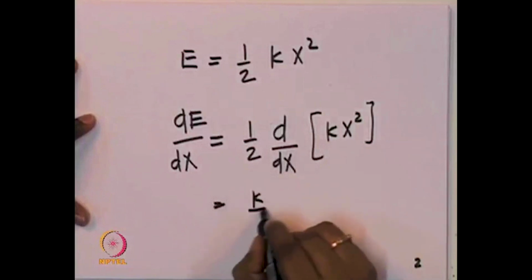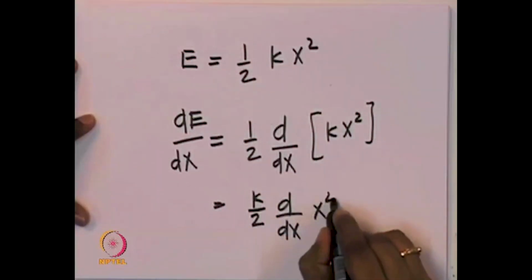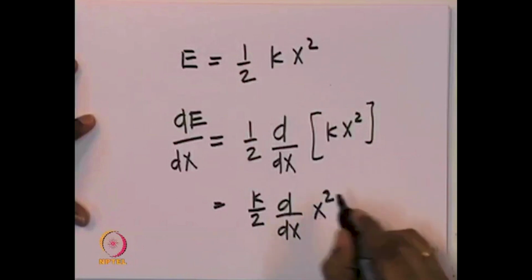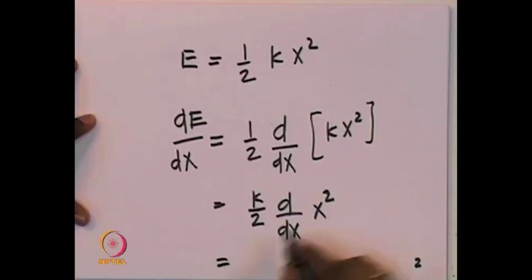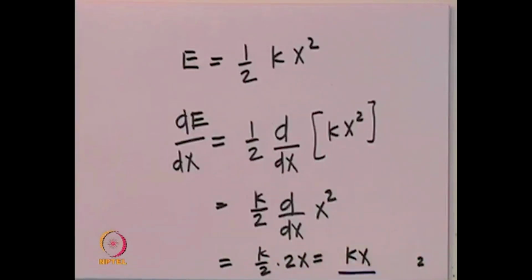So, it is basically k by 2 into d by dx of x square. d by dx of x square is 2x. You know that x power n has derivative n x power n minus 1. So, it is k by 2 into 2x, which is kx. This is the derivative of half k x square, which is kx.